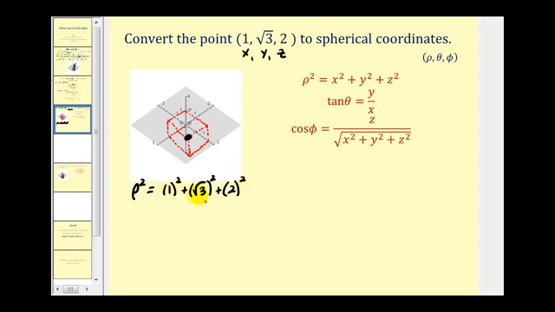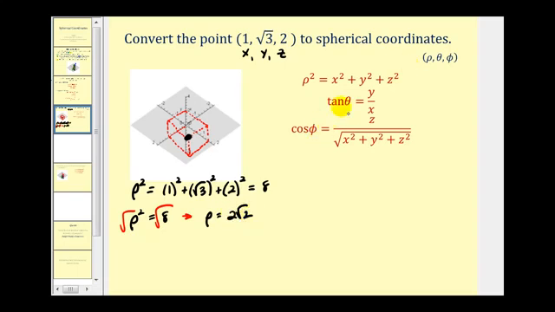This will be 1 plus 3 plus 4, that'll equal 8. So rho squared is equal to 8. So be careful, this is rho squared, not rho, so we'll take the square root of both sides. So rho equals the square root of 8, which is 2 square root 2.